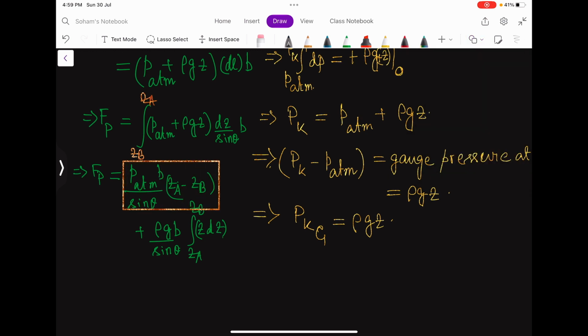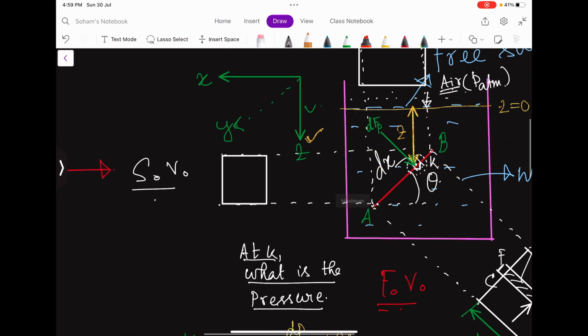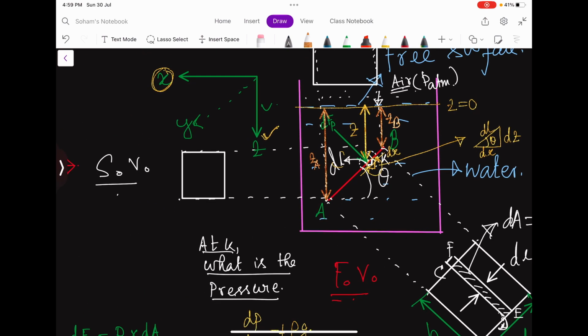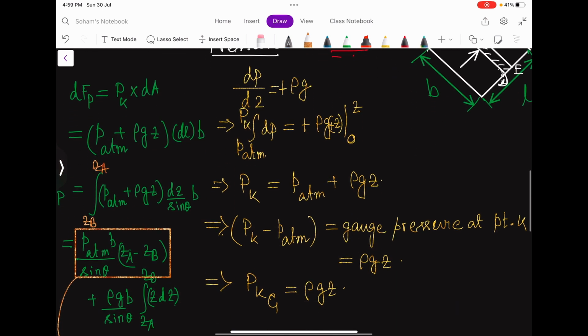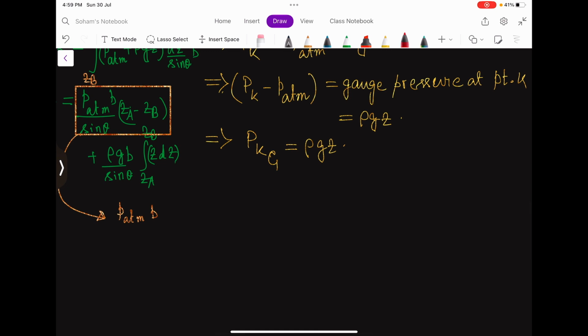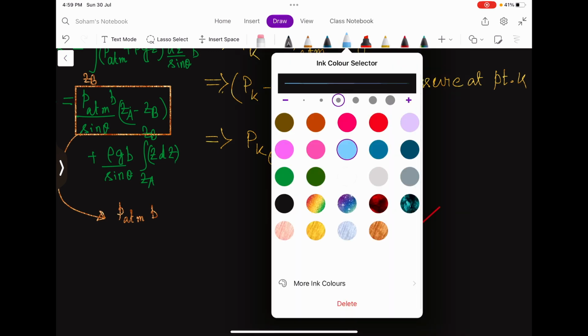This first term, which is P atm into b into (za minus zb) by sine theta. What is za minus zb? Let me draw the diagram of the plate and nothing else. So this is the plate, and this was the free surface.